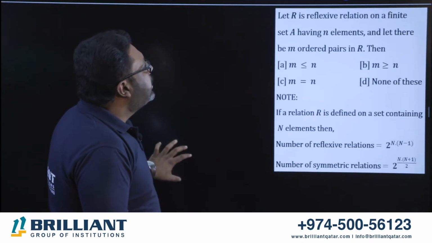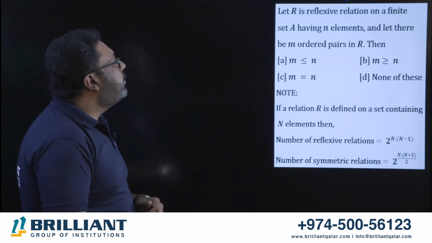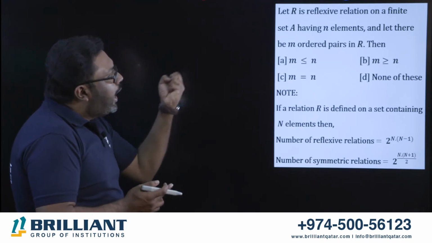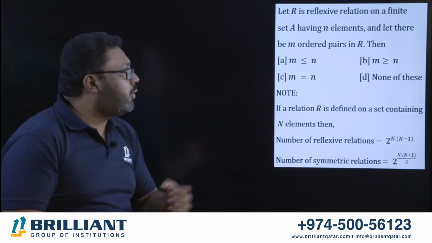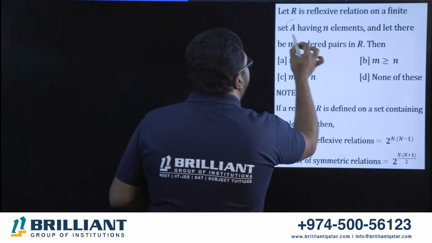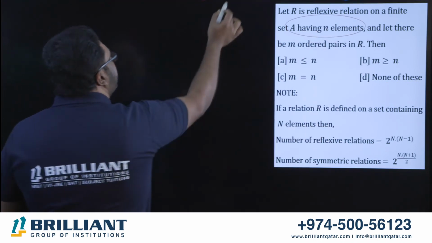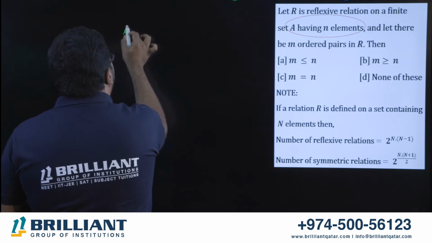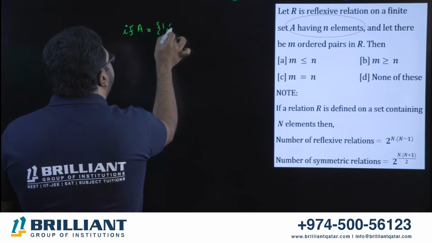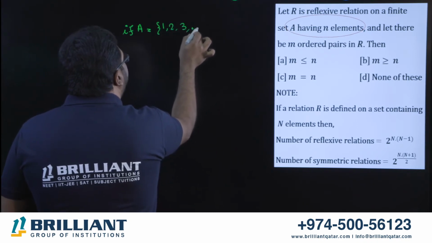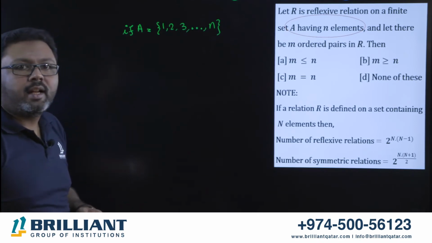Okay, next, they're saying that R is a reflexive relation, and I have to take this relation R from the elements of a set A which contains n elements. Now let's try to understand. If A is the set of n elements, for example, the n elements are 1, 2, 3, etc. up to n.